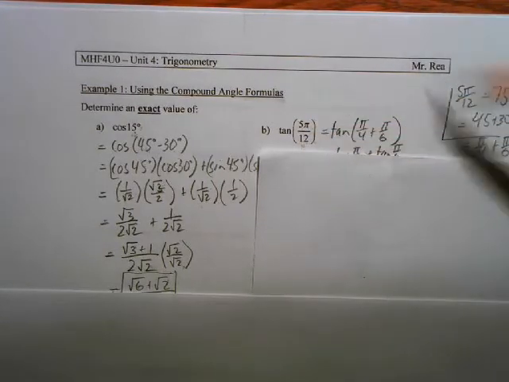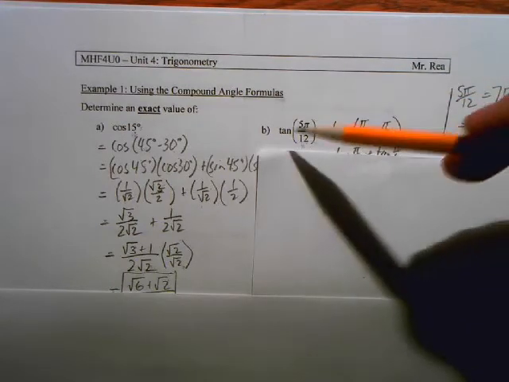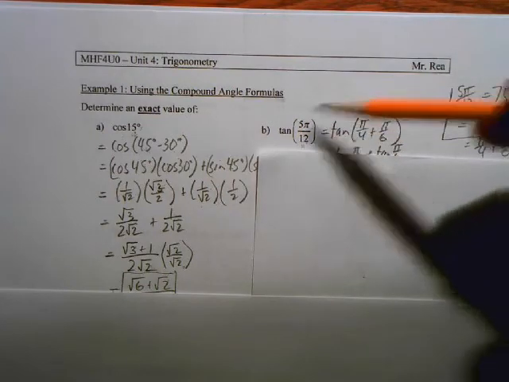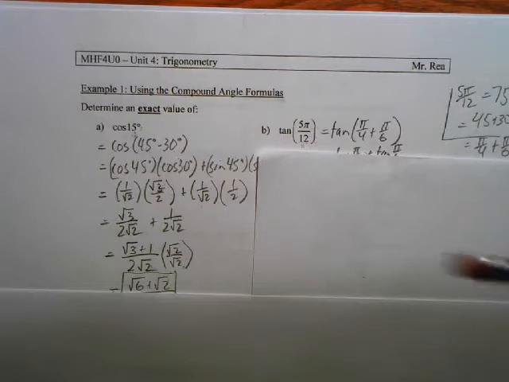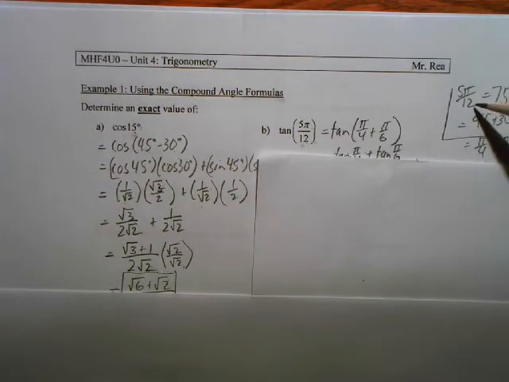So I'm going to do a little side work over here. It shouldn't be part of my main question. And you can't do this in degrees in the question and convert to radians at the end. You have to do the work on the side here. So 5 pi by 12, I can just multiply this by 180 over pi, and I get 75 degrees.